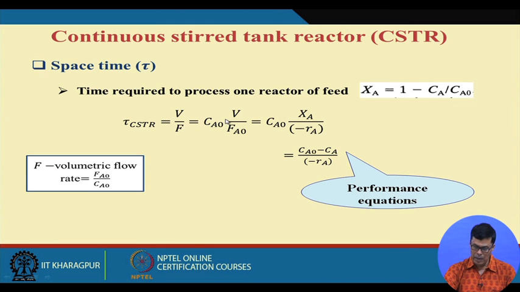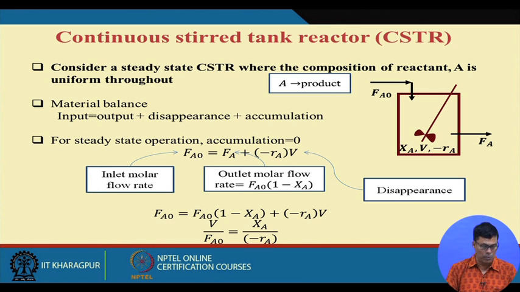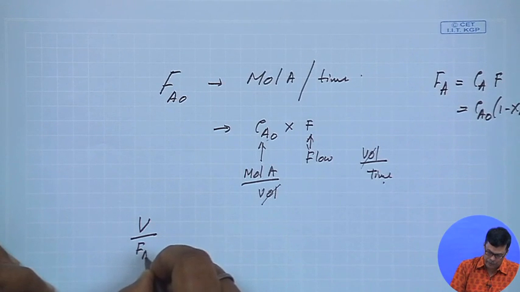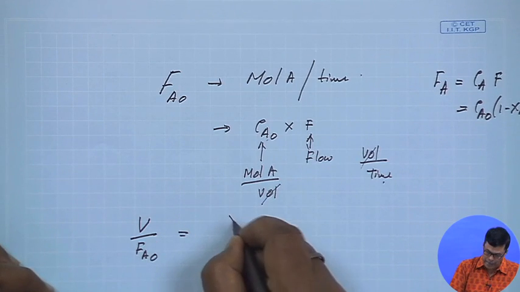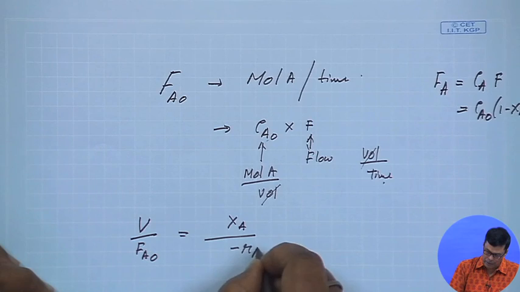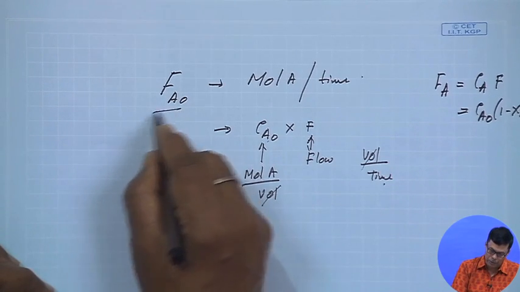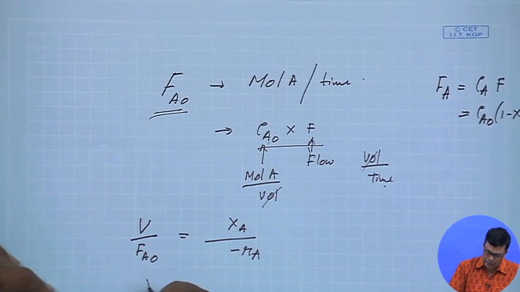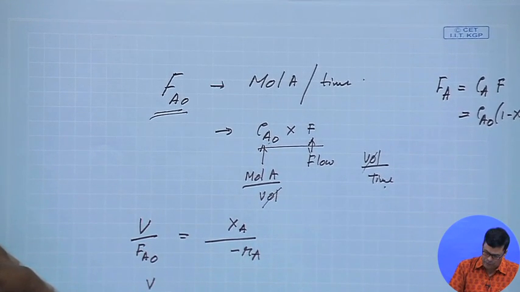And finally, what was the previous equation we have? You see, we have F by FA0 equal to XA by minus RA. Am I right? Now, I have already shown here FA0 equal to CA0 into F. So I can write V equal to CA0 into F equal to XA by RA.